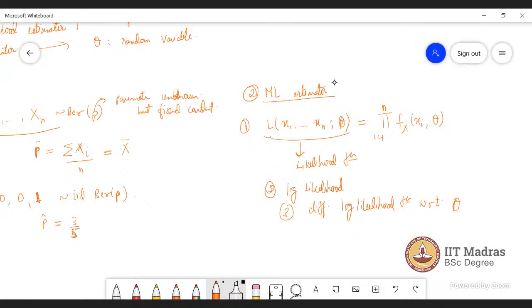In this case, the parameter is theta. So differentiate the log likelihood function with respect to theta, and once you do it, you equate it to 0. This will give you the ML estimator for the parameter theta.